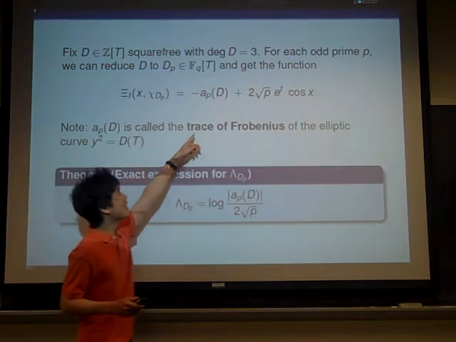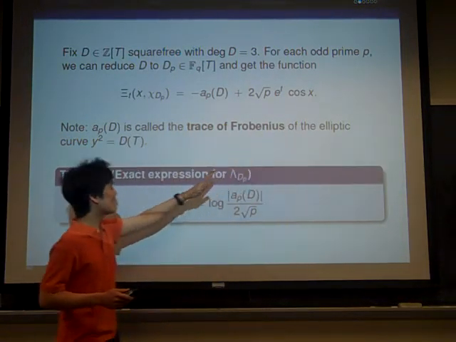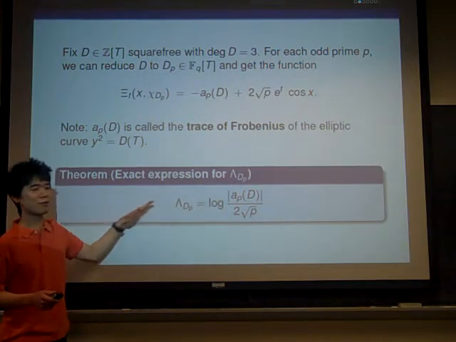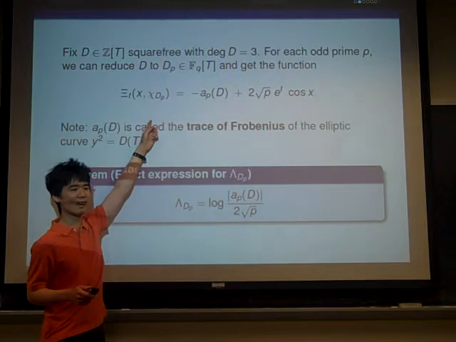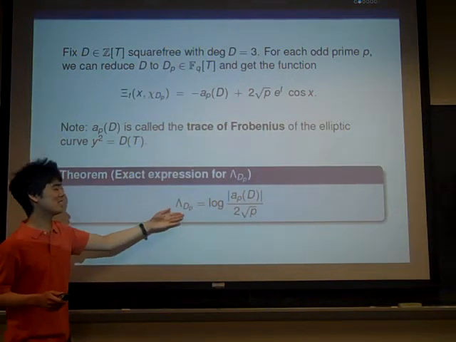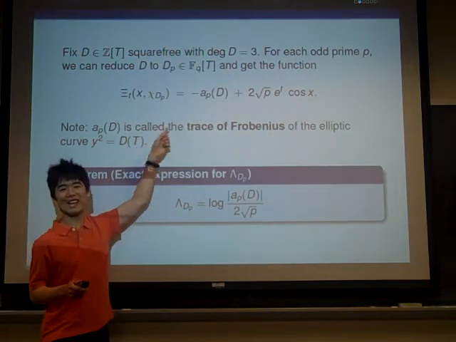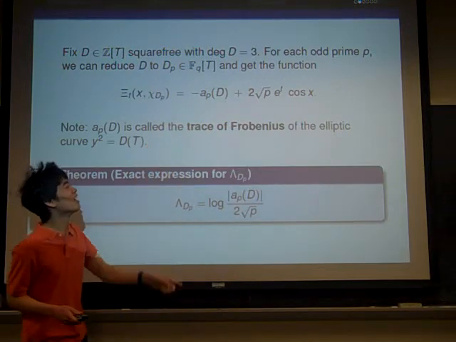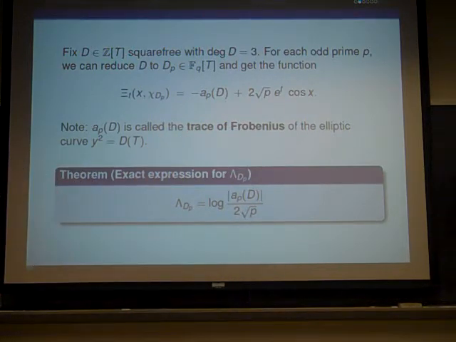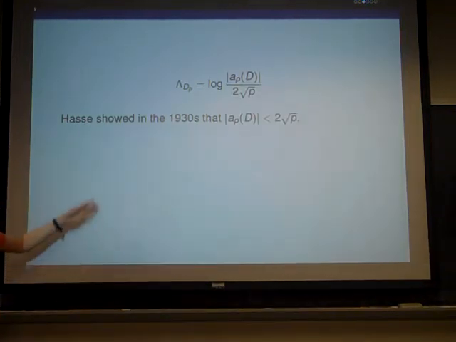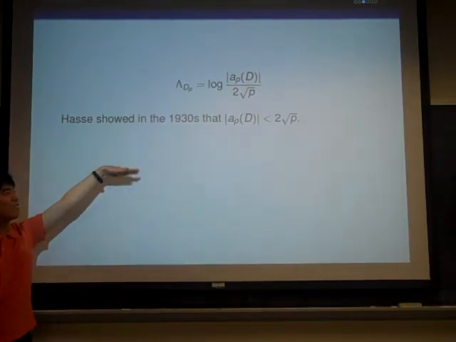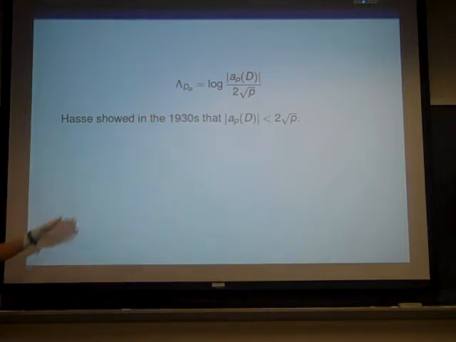And from this expression here, it's not too hard to see that our constant lambda_{D,p}, remember this is the constant that separates when the function has only real zeros and when it doesn't, is given by this. We just have to look at when this thing has real zeros or not. And this concept might look very familiar to many of you because in the 1930s, Hasse showed that that ratio is strictly less than 1.